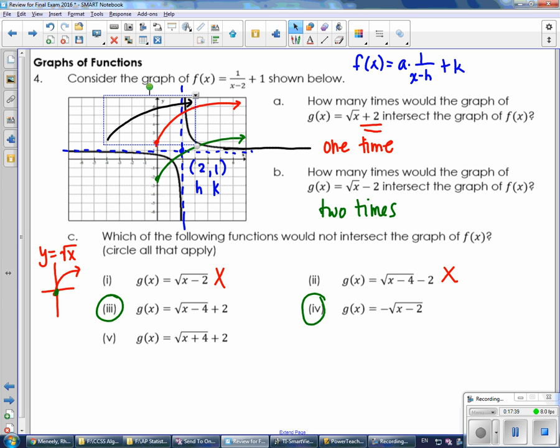I think you can see that my two graphs will in fact intersect, so that is not going to be an option. So the only correct responses there would be options 3 and 4.